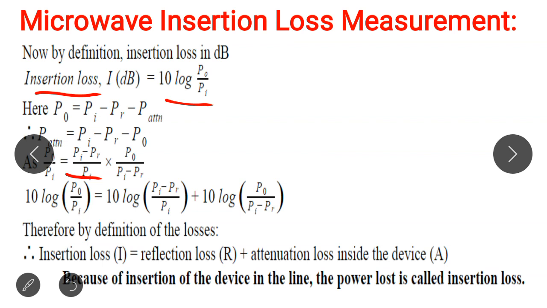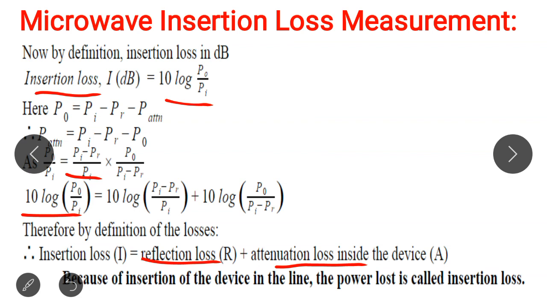Now if you take the log and multiply by 10, then 10 log P0 by Pi equals 10 log of Pi minus PR upon Pi plus 10 log of P0 upon Pi minus PR. From the definition of the losses, the first term is the insertion loss, the second term is the reflection loss, and the third term is the attenuation loss in a device.